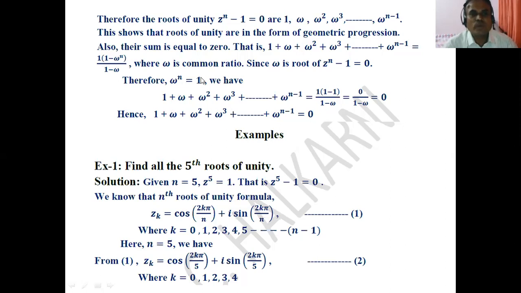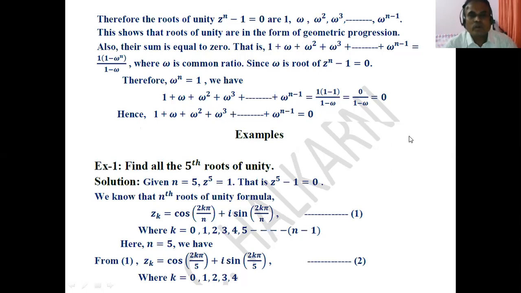The value of omega^n is 1, so 1 minus 1 is 0, and therefore 0 upon 1 minus omega, and its value is equal to 0. This shows that their sum 1 plus omega plus omega square plus up to omega raised to n minus 1 is equal to 0. Hence the sum of the roots is equal to 0. So hence the proof.